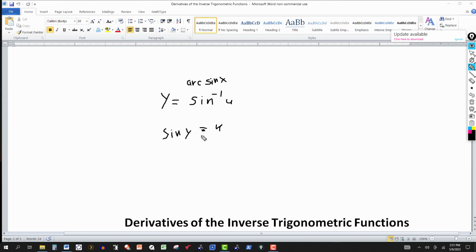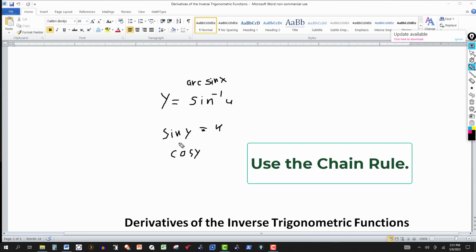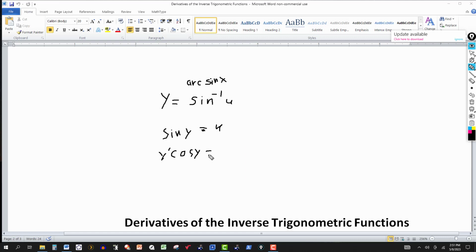And then I'm going to take the derivative of both sides with respect to x. So on the left side, the derivative of sine will be cosine of y, and because y is a function of x, this would be y prime here. And on the right side, u is a function of x, so I just put u prime here.